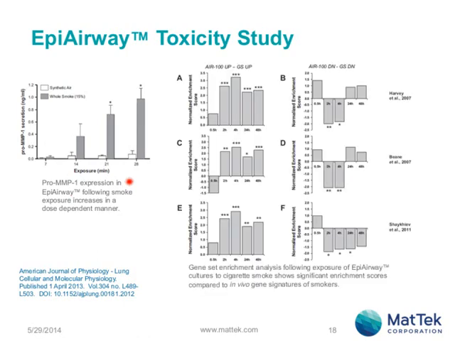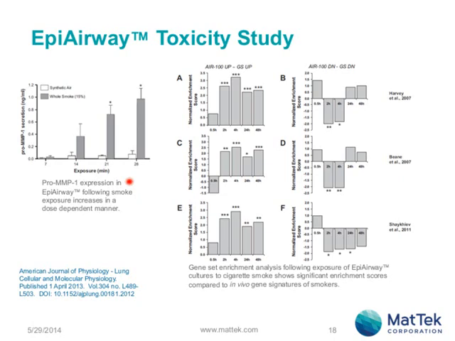Next, the investigators used gene set enrichment analysis to compare the in vivo smoking and smoking cessation gene signatures with the expression profiles of EpiAirway post-exposure. So here we focus on the in vivo smoking gene signatures and show 3 out of 4 gene sets that were analyzed in the paper.